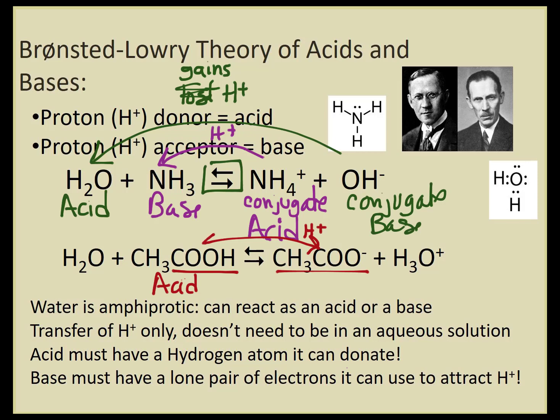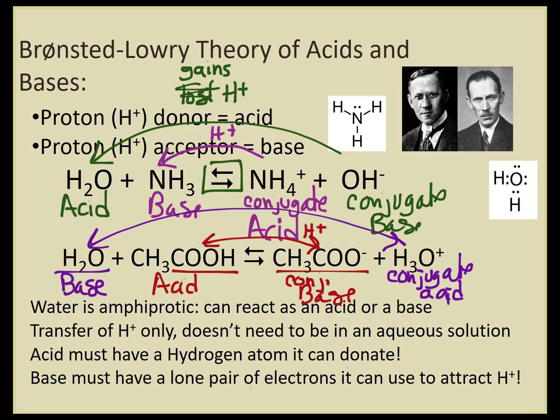When I go backwards, I see that my CH3COO minus will gain that H plus, so that means this is my conjugate base. Next to my acid is my H2O, and this is acting as a base, and I can see it's acting as a base because it's gaining an H. And my base, when I go backwards, this is my conjugate acid.